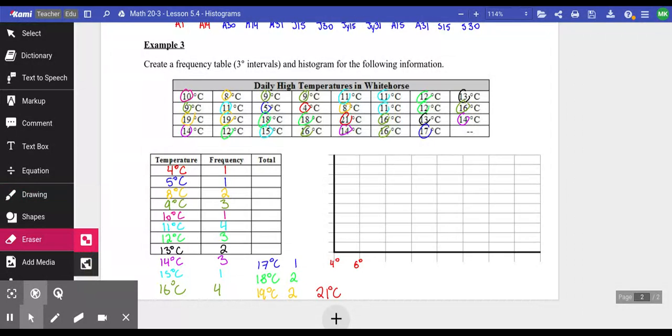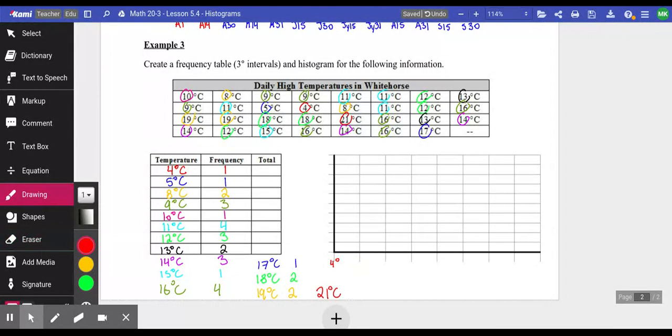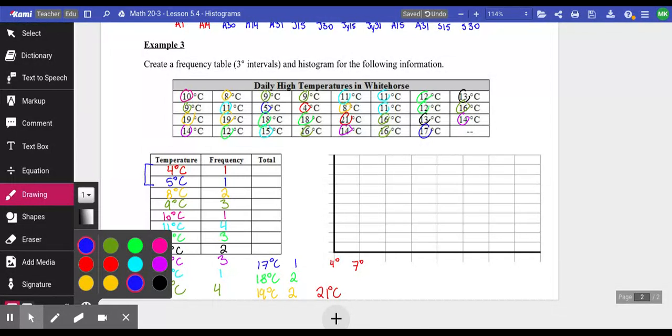I'm actually going to do 7 degrees. I think 6 degrees wouldn't fit. Right? And then I can group things together. So I can say, all right, now instead of making all these separate groups, I'm just going to pair these up and say that in total it happened 2 times.